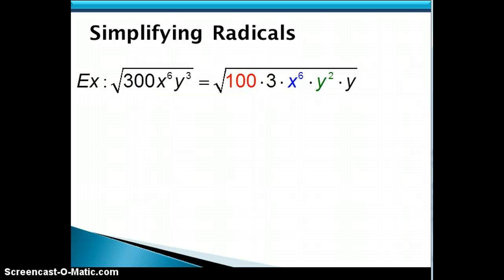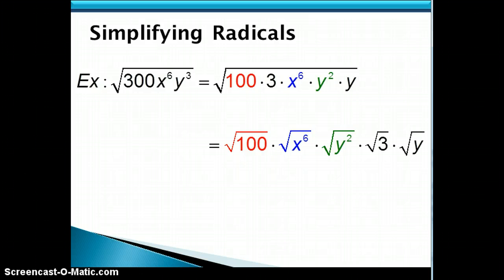So since multiplication can be rewritten in any order, we're going to put the square root of each of the perfect squares first out front. So the square root of 100, followed by the square root of x to the sixth, followed by the square root of y squared. Those are all the perfect square factors. And then we have the square root of 3 and the square root of y last.